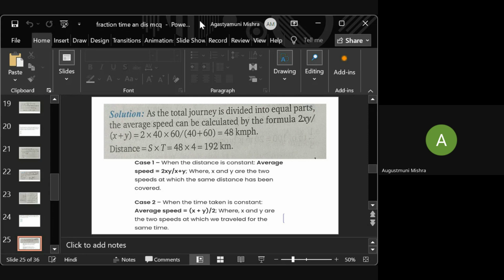That's why I mentioned this question. By putting your x and y in this formula, you will get the average speed. Then on the basis of that, you will find the distance.